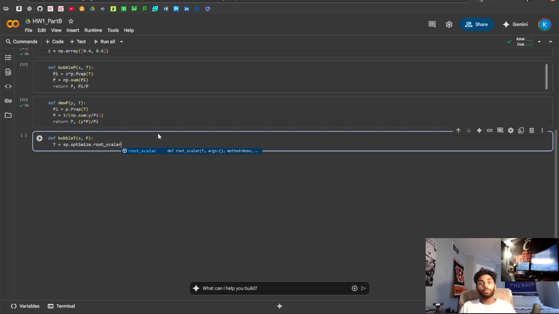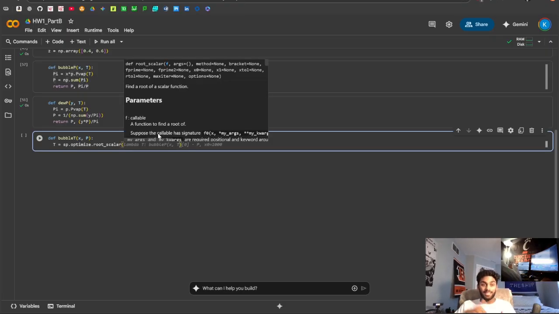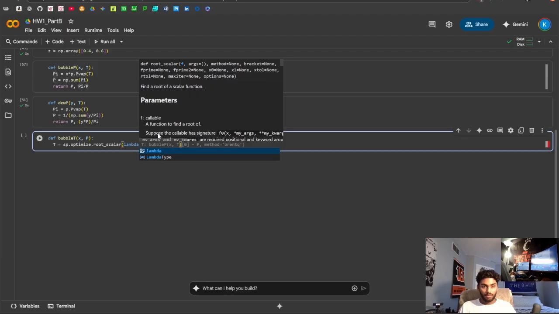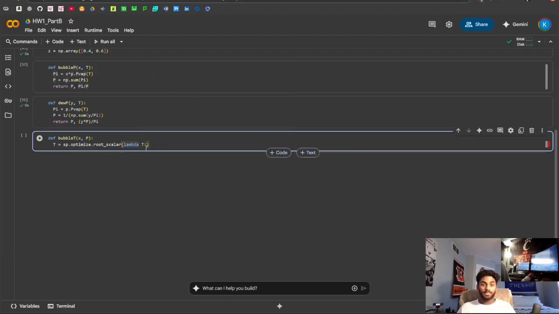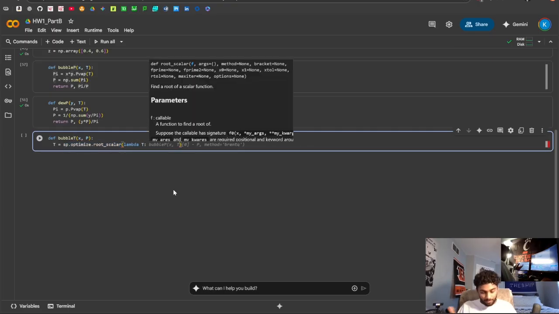Now, to be clear, we would have to use this in the other situation as well, but this way that we're doing it now is going to get rid of that nested function, that target function. Instead, we can define it as an anonymous lambda t. And this is basically saying, well, I'm going to define some anonymous function. It's a one-time use thing as part of this optimize root scalar that has an input of t, and it kind of sings the same song.